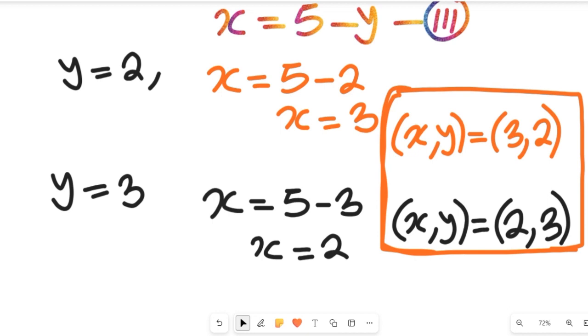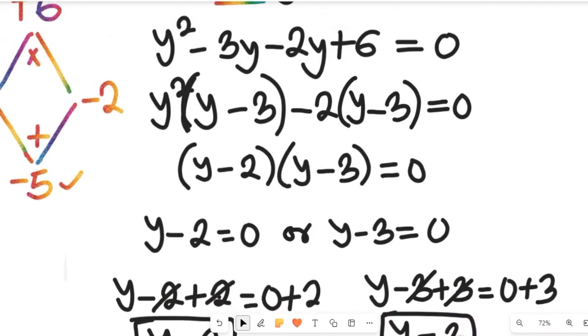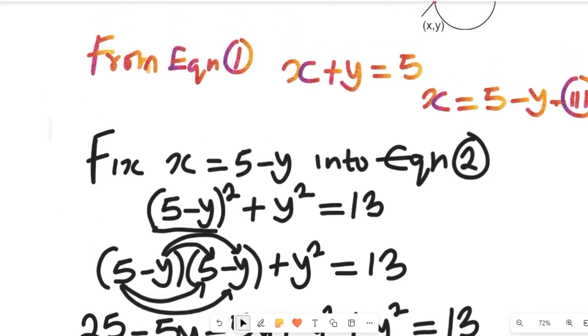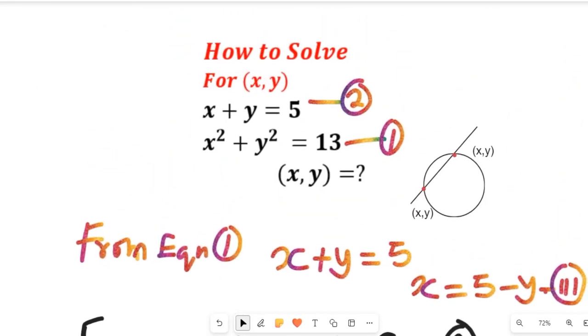And that is the solution to this equation. And this is one linear, one quadratic. In case you are asked to solve this using the graphical method, that is going to give you a curve graph and a straight line graph with 2 points.